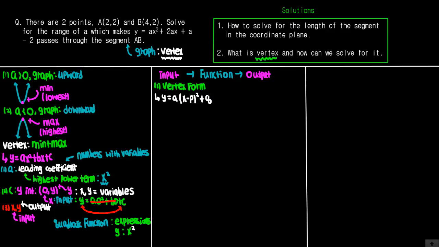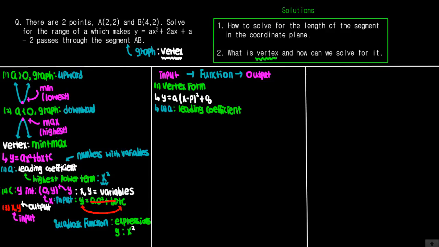If you think about what each variable does, first of all, the a value should always be exactly the same as the a from our standard form. The a value is the leading coefficient, which means the coefficient of our highest degree power term, and it also defines the type of our vertex and our graph.